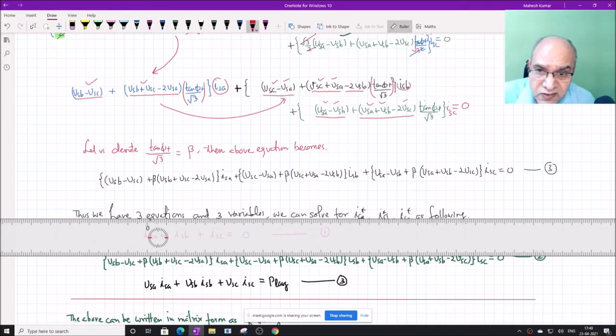Now we simplify further by defining a factor called beta. That beta is equal to tan phi plus by root 3. So this factor is defined as beta in all three terms.